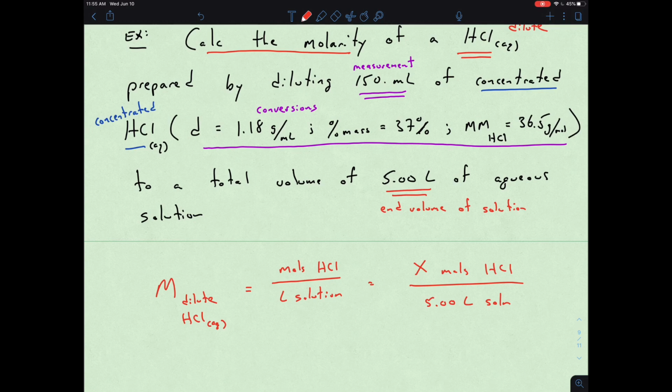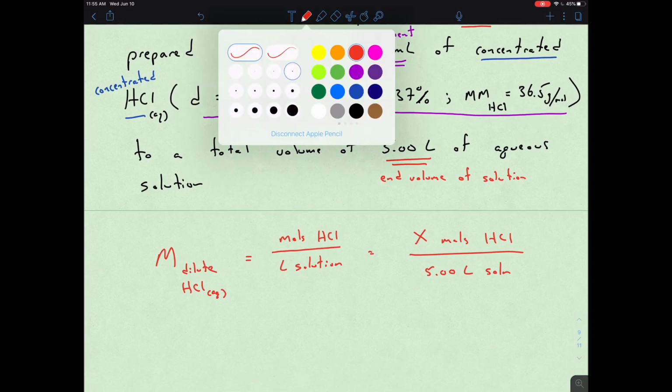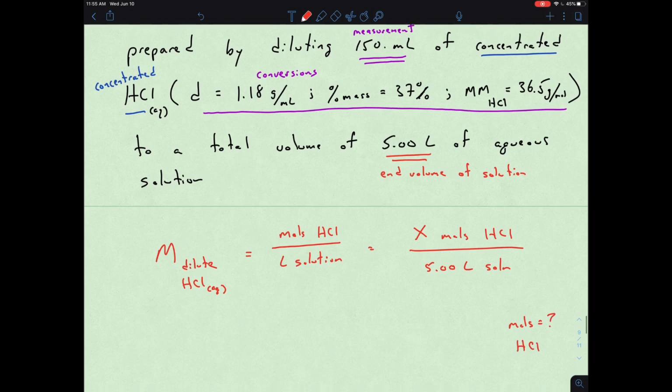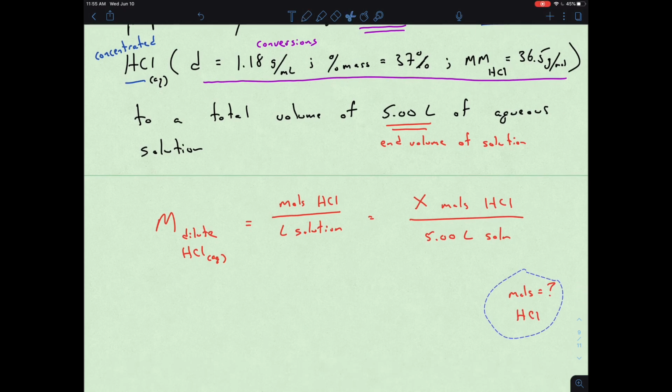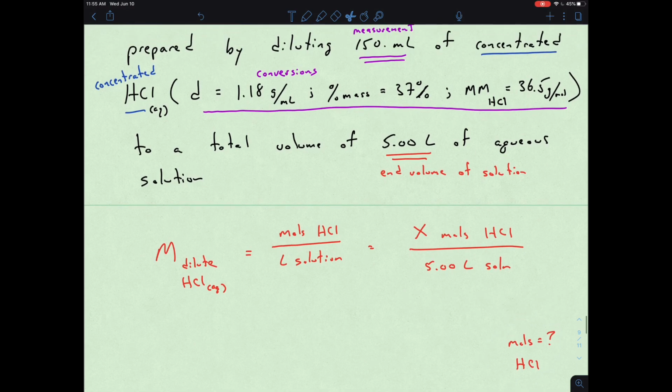So we've got to figure out moles of HCl, and somehow we have to use these other measurements to do that. We could think about it as a thought process: I want to figure out moles of my HCl, and how can I actually do that? The most common way to get into moles could be from a reaction, which we don't have here.